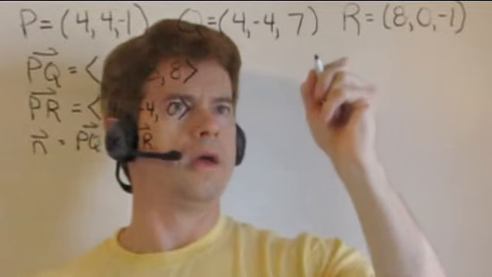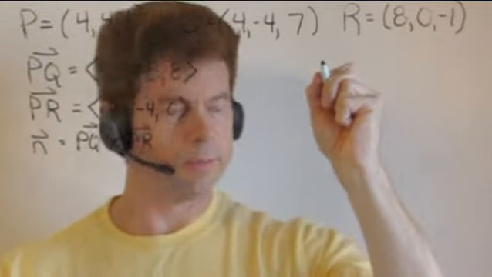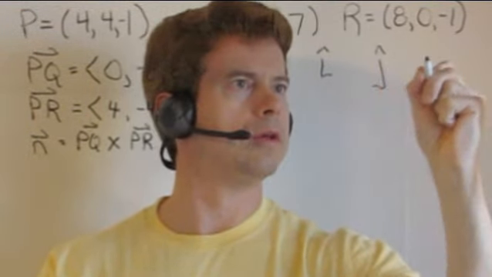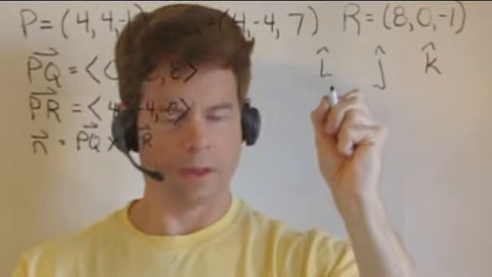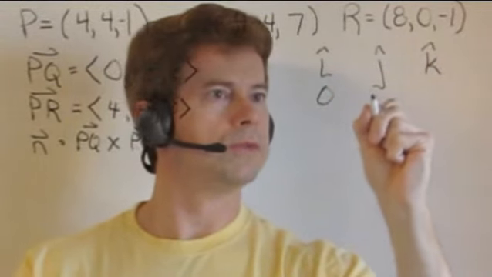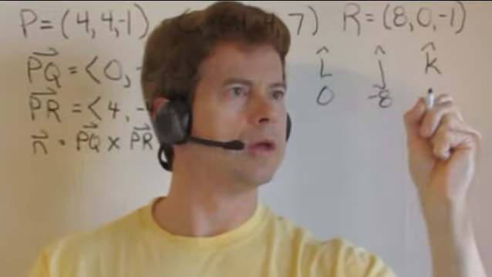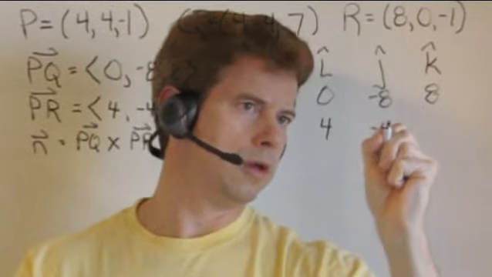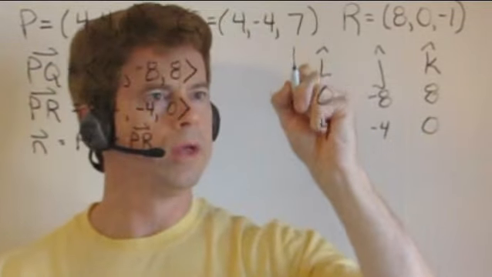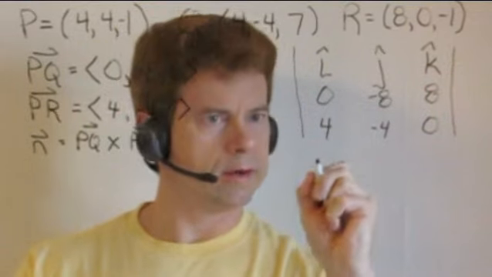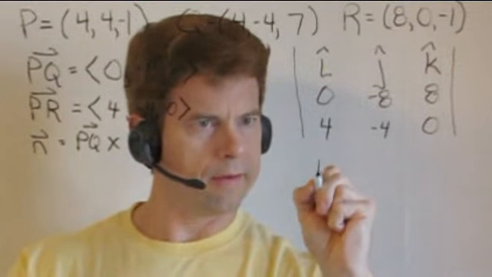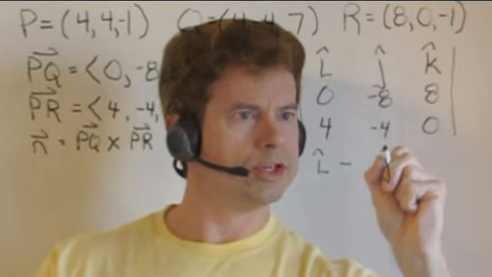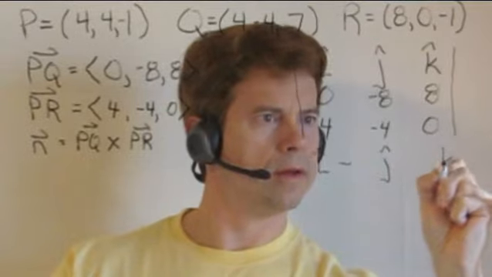So now to do our cross product table here, we've got I, J, K, 0, negative 8, positive 8, 4, negative 4, and 0. So we're going to have down here, we'll have I minus J and plus K.